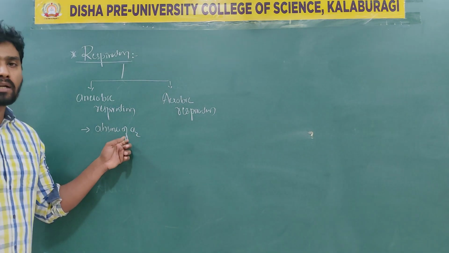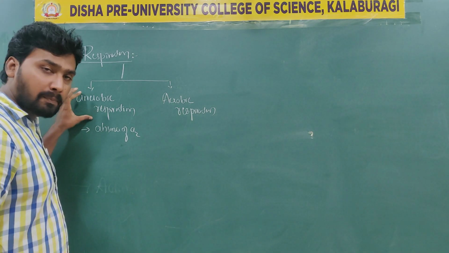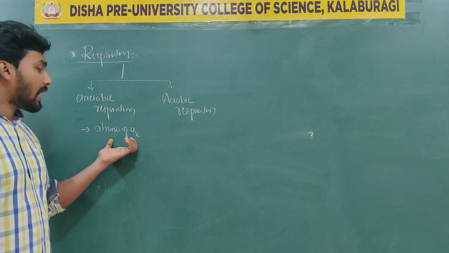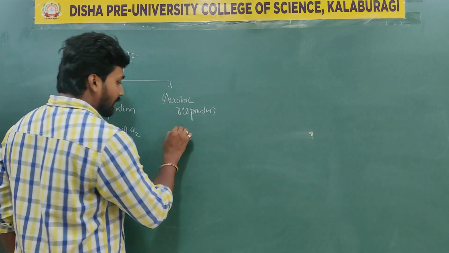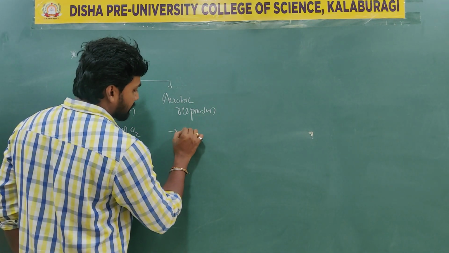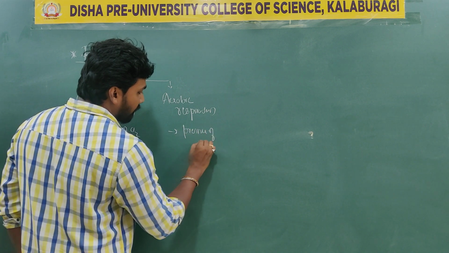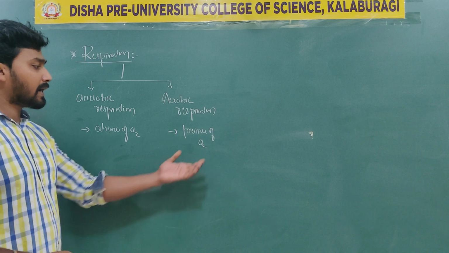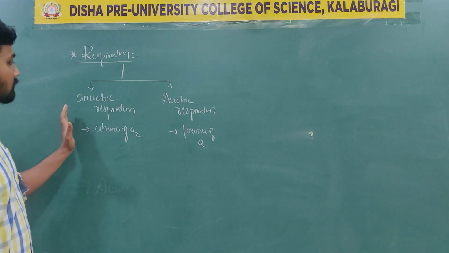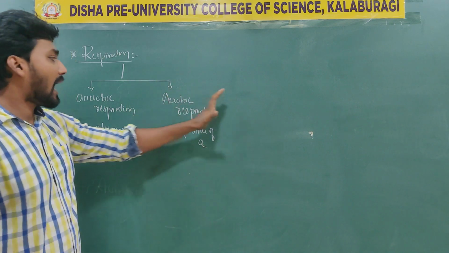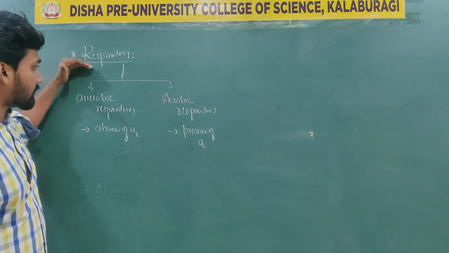There will be no oxygen at all, and still animals survive and respire. In aerobic respiration, animals require oxygen; they respire in the presence of oxygen. So they have been categorized into aerobic animals and anaerobic animals. That is the main criterion on the basis of respiration.